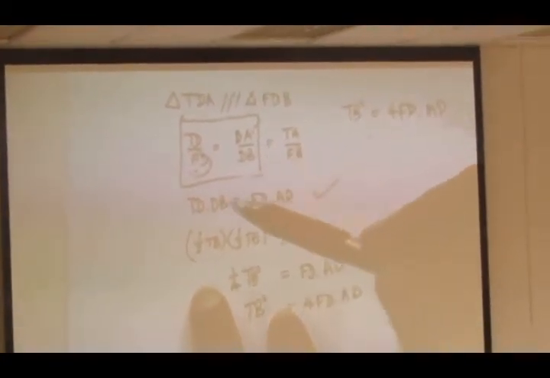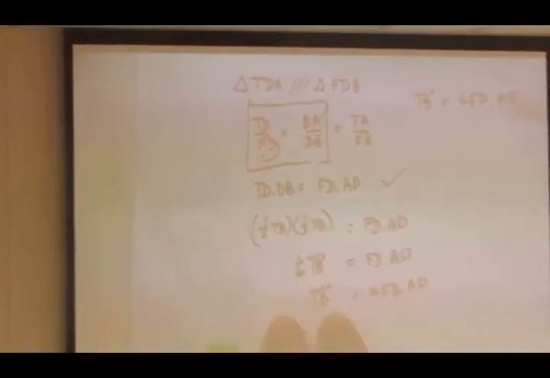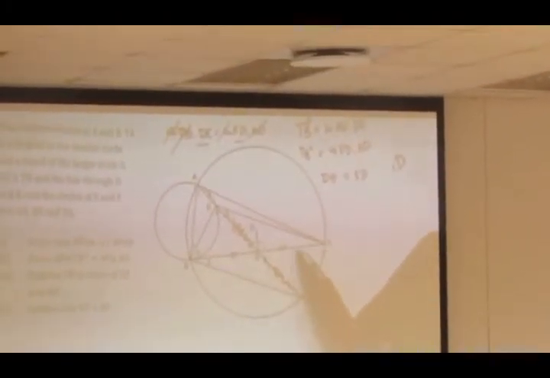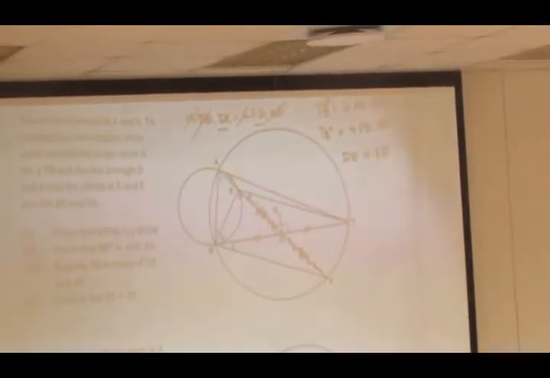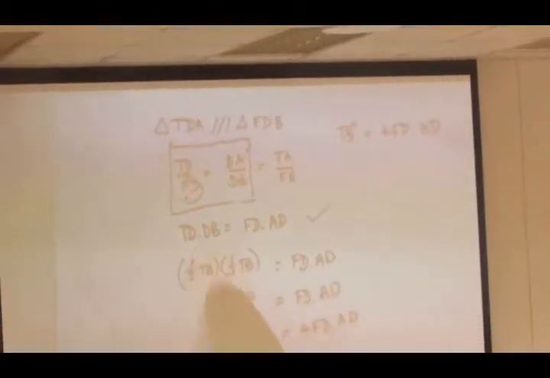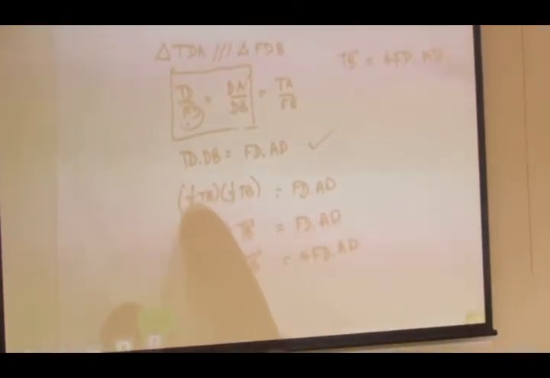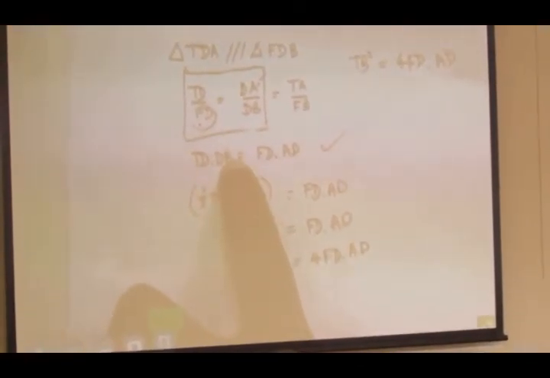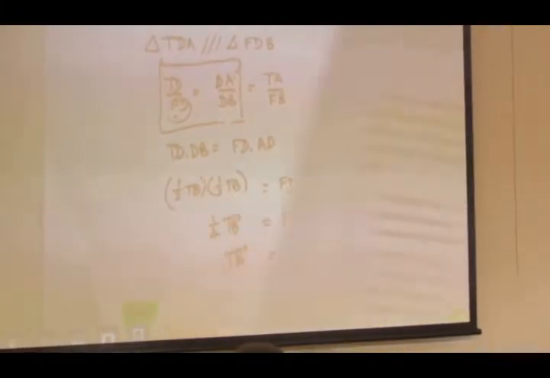Then I've got, instead of TD, where is my diagram? The diagram is there. Instead of the TD, I put half TB. Can I do that? So instead of the TD, I put half TB. In place of the DB, I also put half TB.